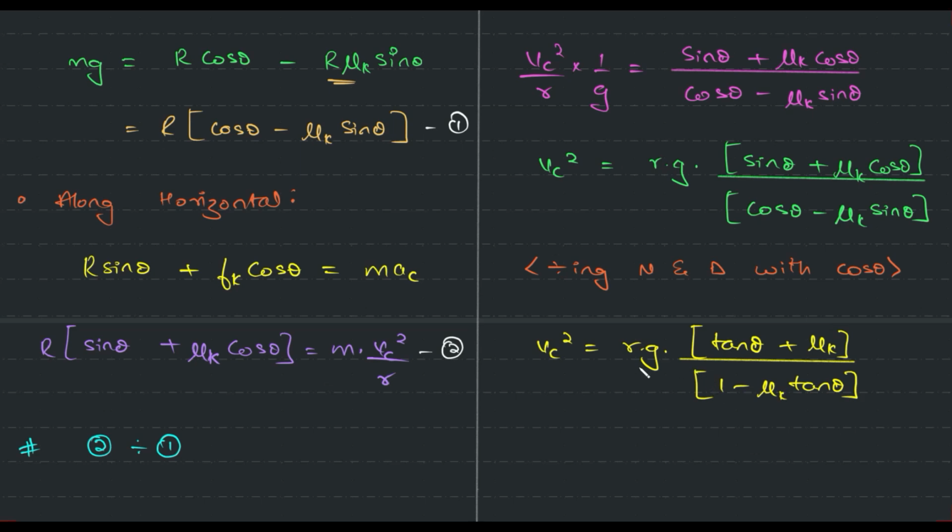So we have a big fat expression over here, just not mu k. So this is going to increase the Vc value. So this will give us more grip, basically more chance of us going faster and not skidding.